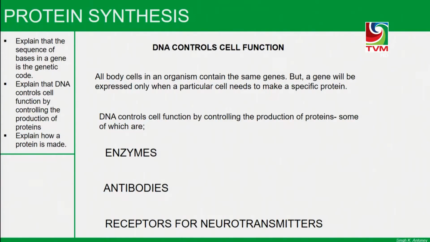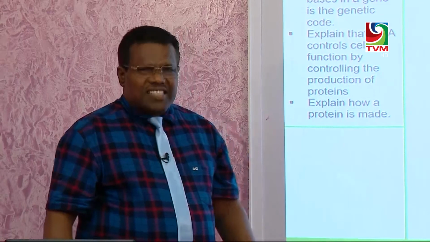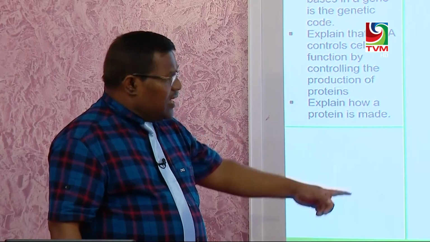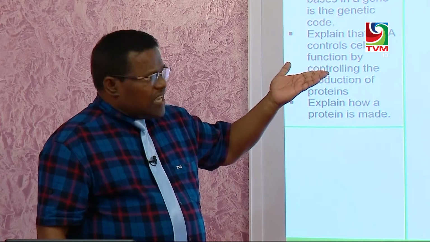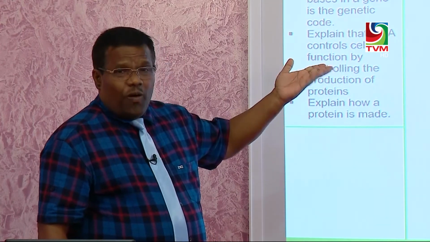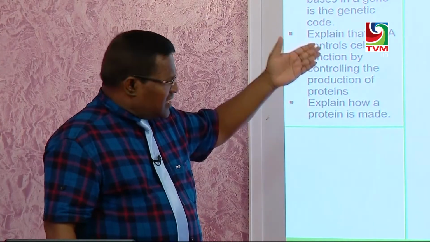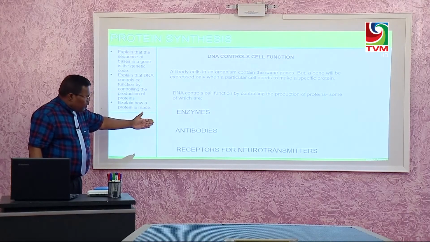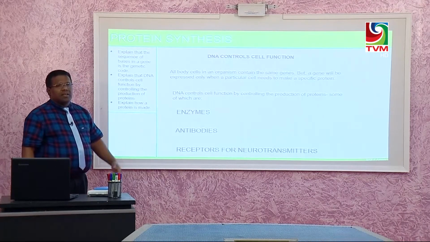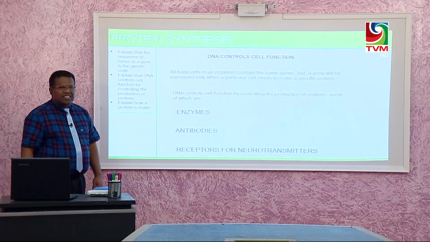Neurotransmitters will diffuse across the gap, and they reach the other side of the synapse, where the receptors are there containing receptor proteins. So the proteins which are being synthesized can be of various kinds. The syllabus says about these 3, namely enzymes, antibodies, and receptor proteins necessary for the neurotransmitters.